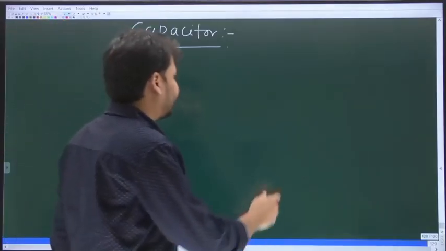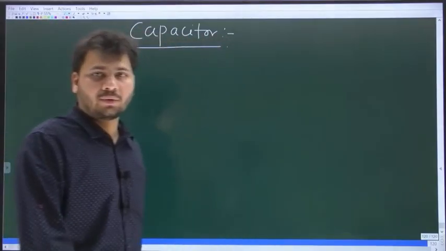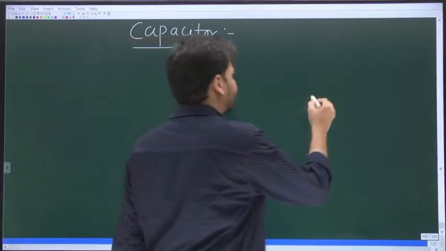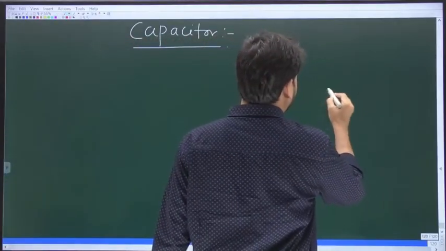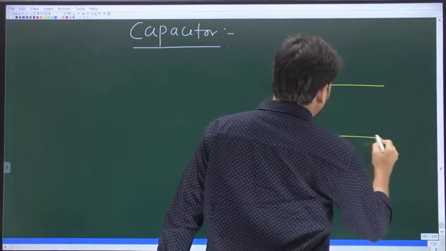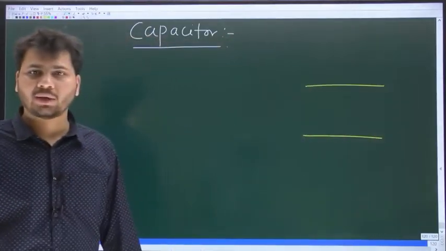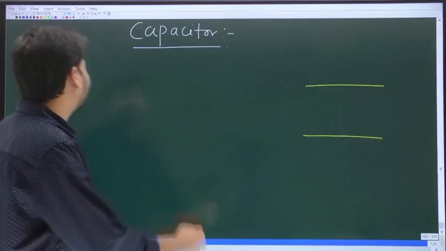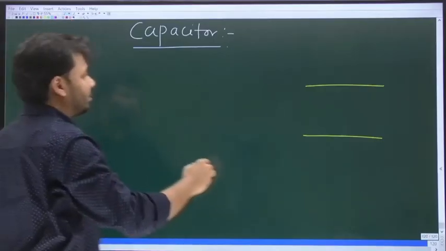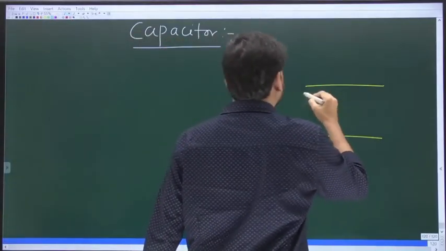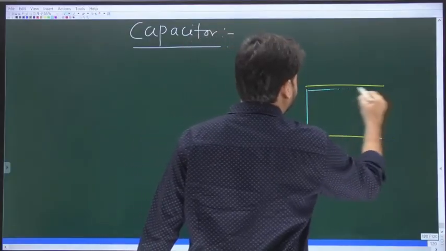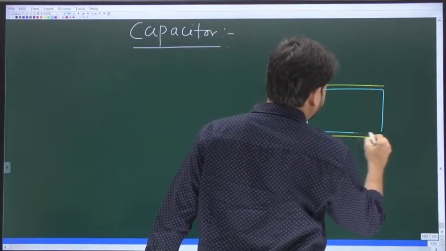So what did I say? The easiest way to make a capacitor is to take two conducting plates. These two yellow color plates are the two conducting plates, and in between these two conducting plates you have to put some dielectric.